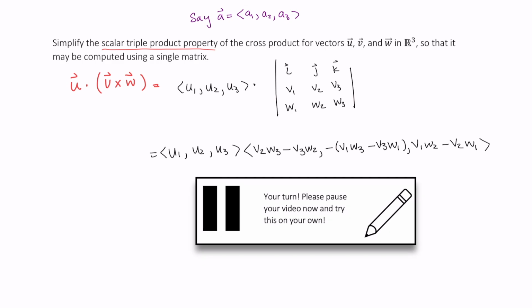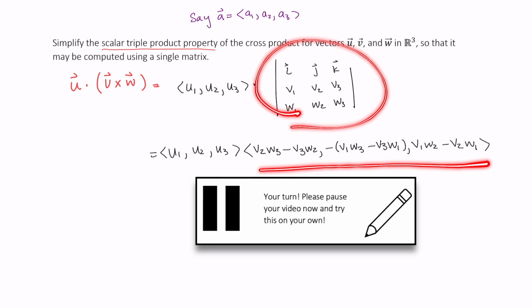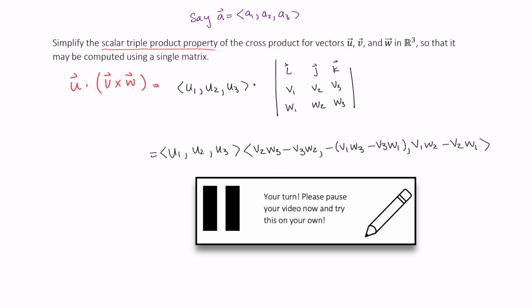There we are. Now, I did not show the specifics on how to compute this cross product, so if you don't see how I got from here to here, please pause your video and work this out independently before you continue with the rest of this video.